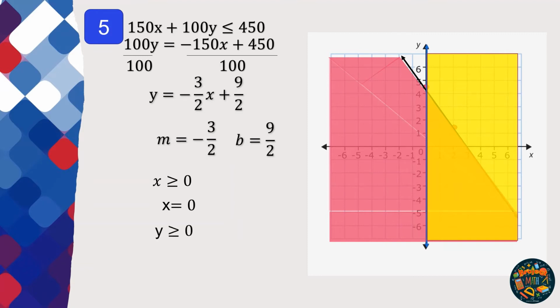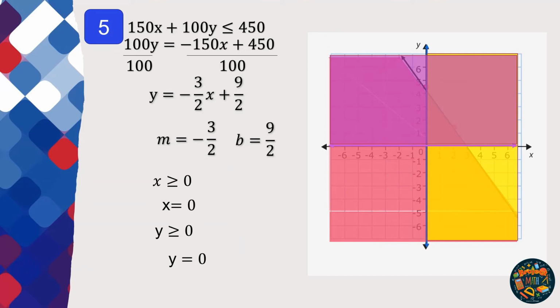Then, y is greater than or equal to 0. So, transform into an equation, y is equal to 0. If y is equal to 0, then we will have a horizontal line. And since it is greater than, ang portion na shade natin is upward.